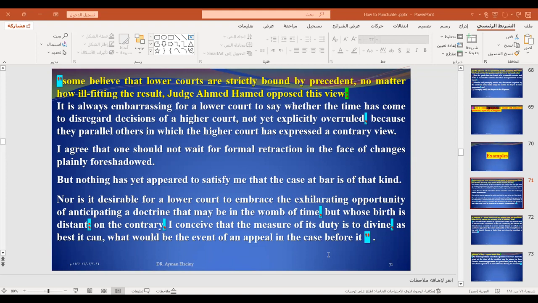On the contrary, Ahmed still says that he is convinced that the measure of its duty is to divine as best it can what would be the event of an appeal in the case before it.